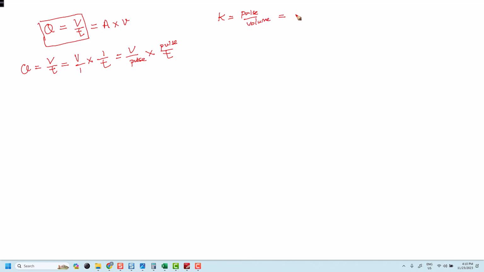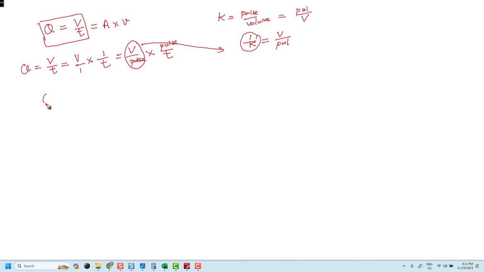It can be written as PUL, pulses per volume. And then 1 over K is volume per pulses. Alright, so this volume per pulse is equal to 1 over K.